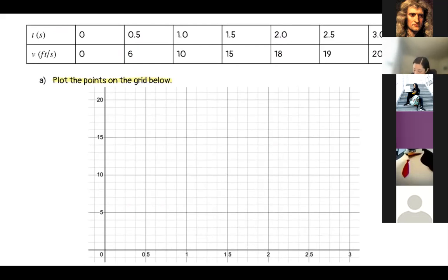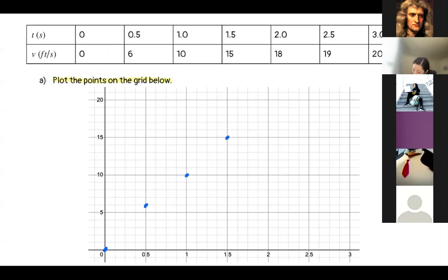So the first point I'm going to draw is going to be 0, 0, because at 0 seconds, her velocity is 0. Okay. And then we're going to go ahead and plot all the other ones. So at 0.5, she's going at 6 feet per second. At 1 second, she's going 10 feet per second. At 1.5 seconds, she is going at 15 feet per second.